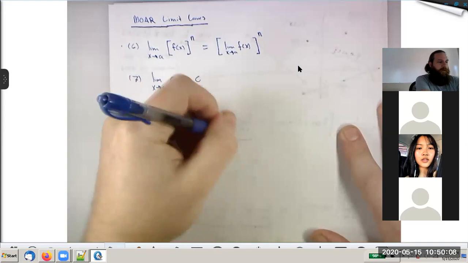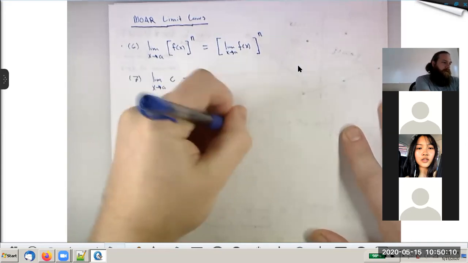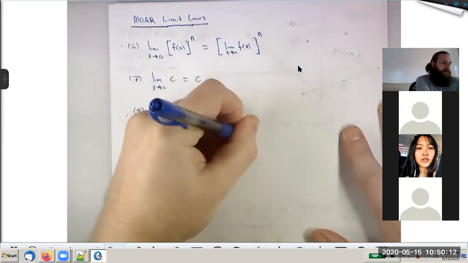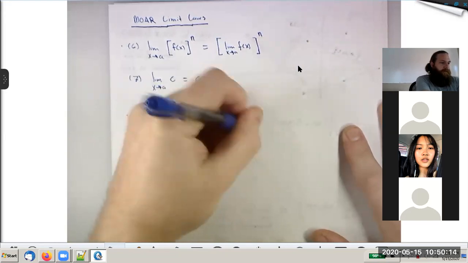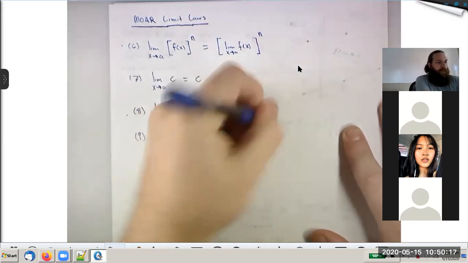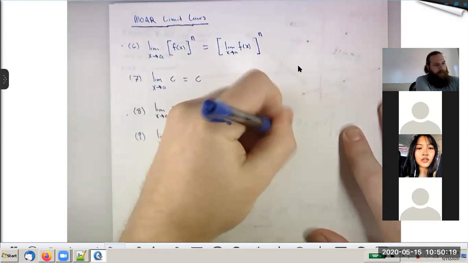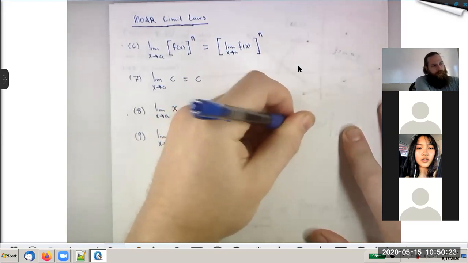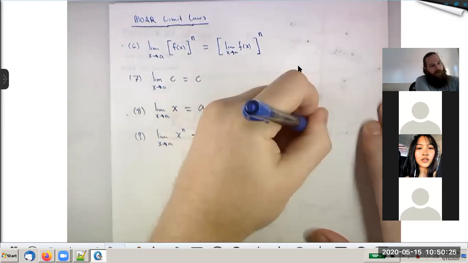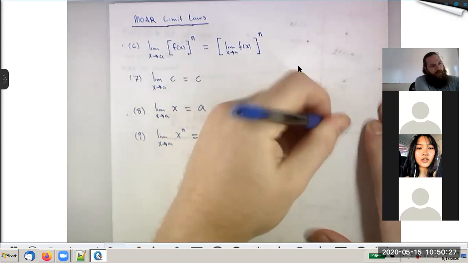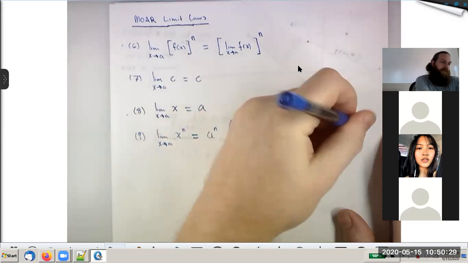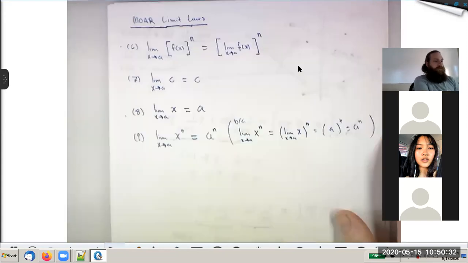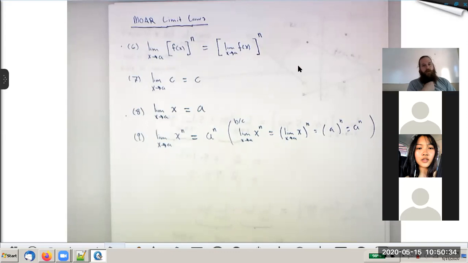And I'll even write out a little explanation here, because the limit as x goes to a of x to the n should be the limit as x goes to a of x, all to the n, which is a to the n. So there's combining rules 6 and 8 in order to get this thing your textbook calls rule 9.